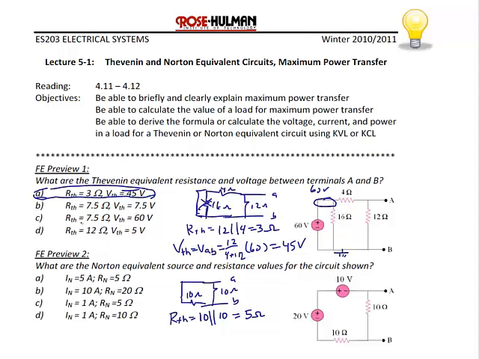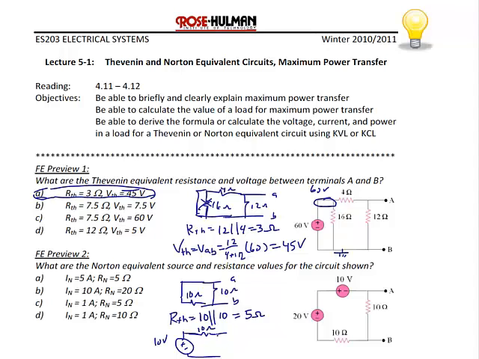I can redraw the circuit by combining the voltage sources. I have a 20 volt voltage rise and a 10 volt drop, which gives me a net 10 volts in series with the 10 ohm resistor. Notice it doesn't matter whether I put the 10 ohm resistor on top or bottom, so I'll put it on the top.